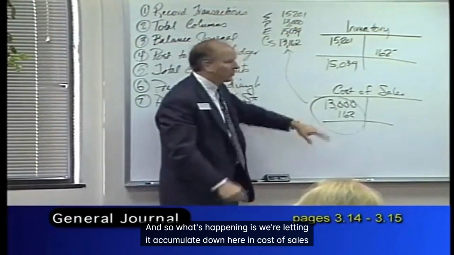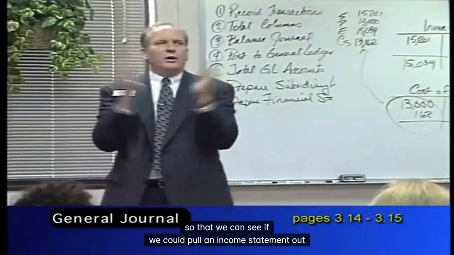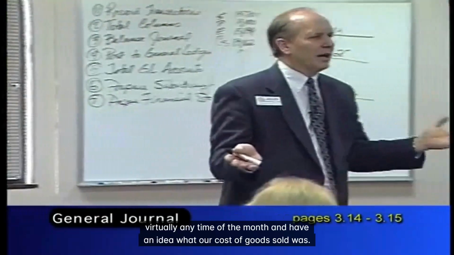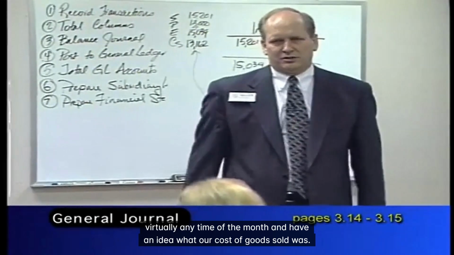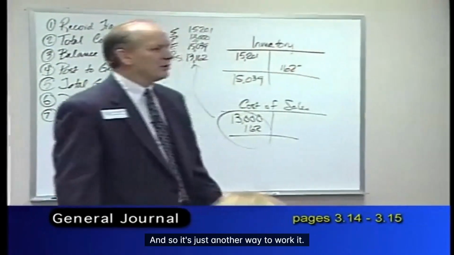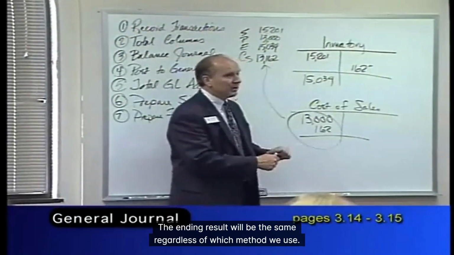And so what's happening is we're letting it accumulate down here in cost of sales, so that we could pull an income statement out virtually any time of the month and have an idea what our cost of goods sold was. And so it's just another way to work it. The ending result will be the same regardless of which method we use.